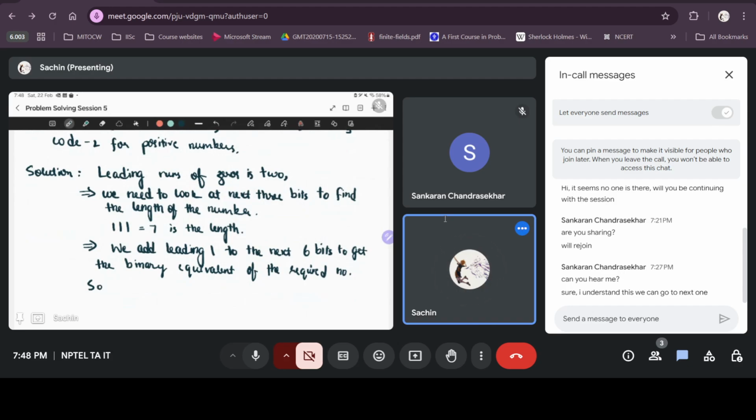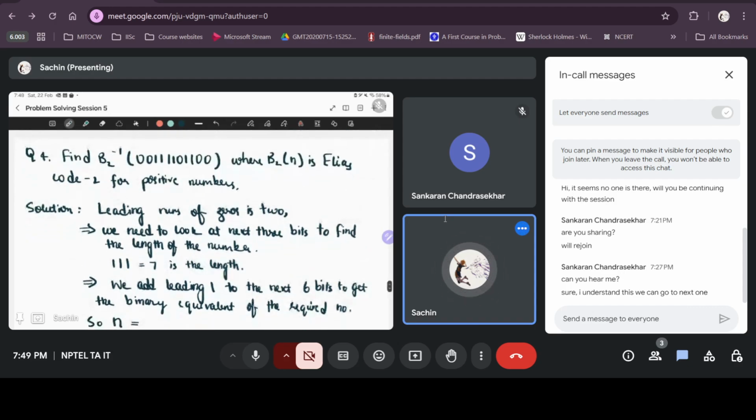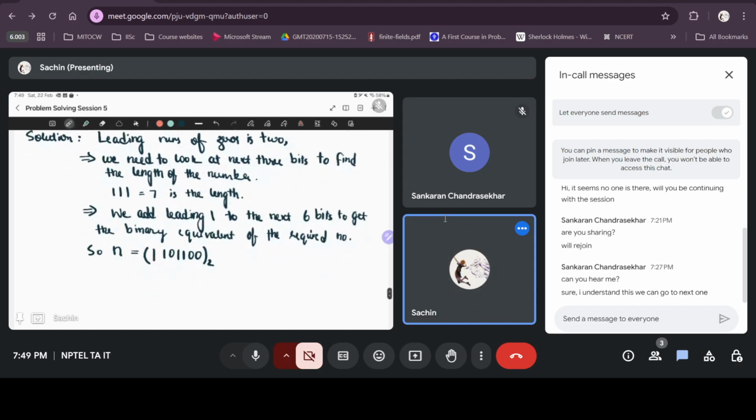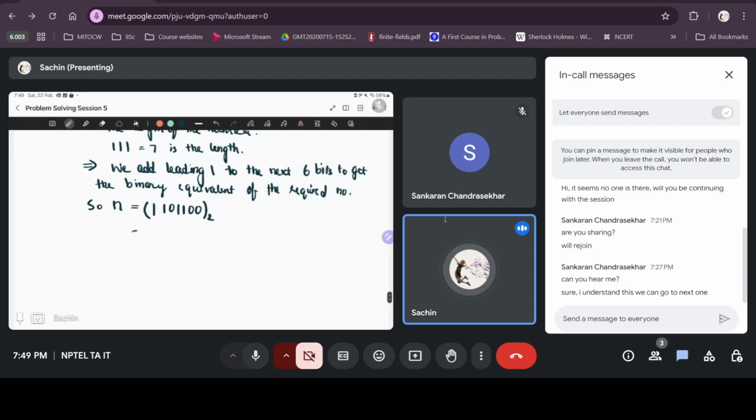So n is, next 6 bits are 101, 100. To that we add a leading 1. This is the binary number. So what is that in decimal? It is 64 plus 32 plus 8 plus 4, which is 108 in decimal.